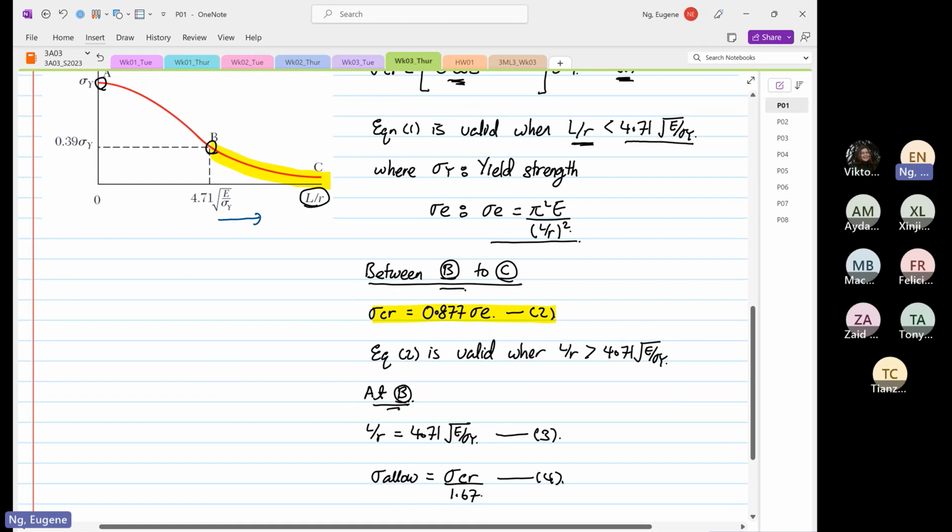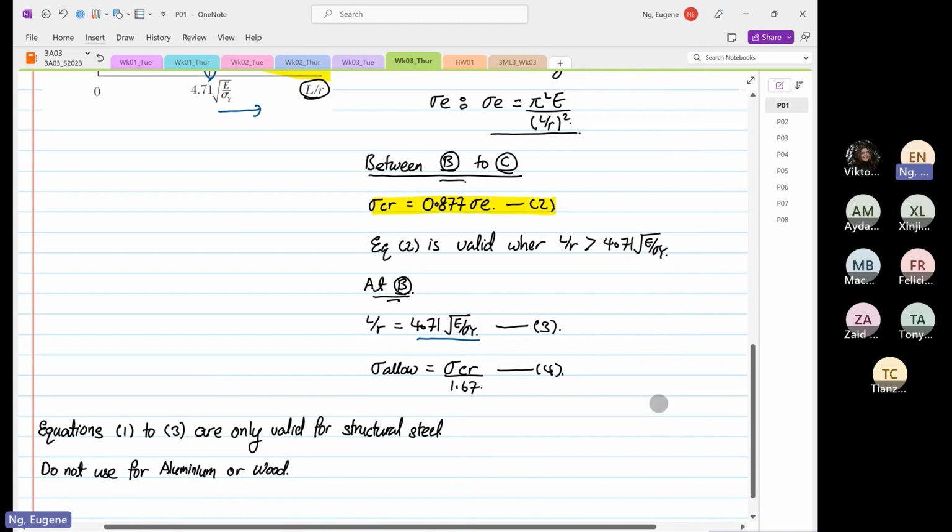At point B, exactly at this point over here, we have the relationship that L over r is equal to 4.71 square root of Young's modulus E over stress Y.